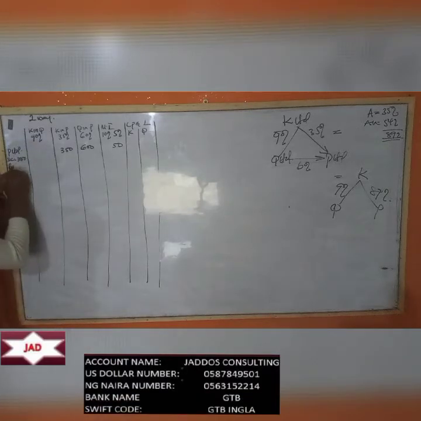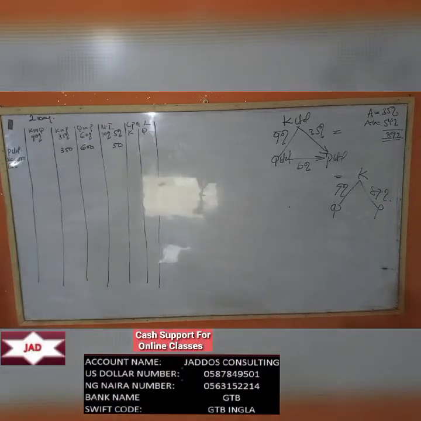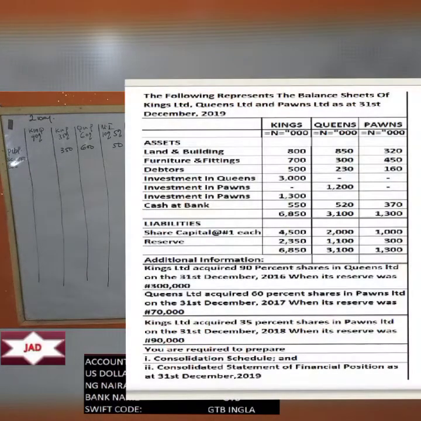Now the reserve. What's the reserve of P? There are two acquisitions here, though. When Queens acquired it, it was 70.